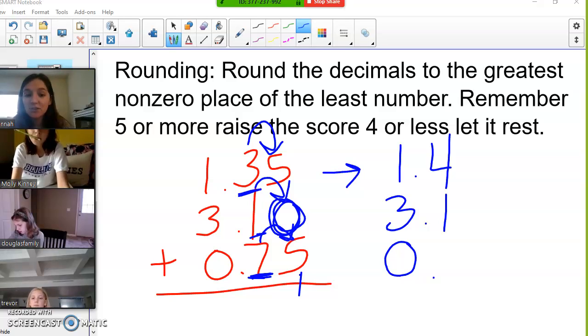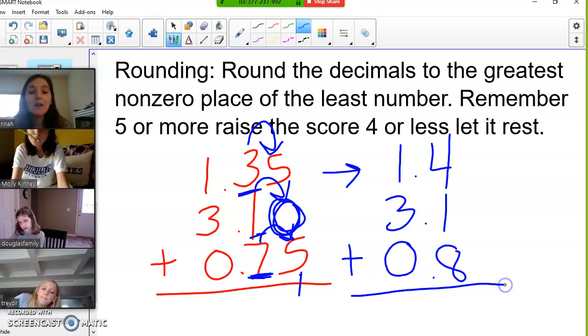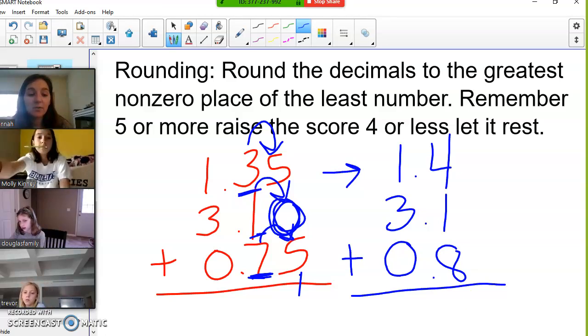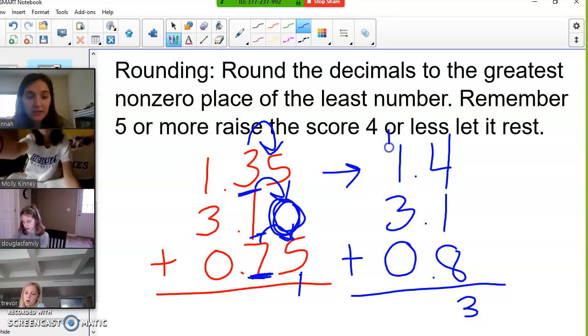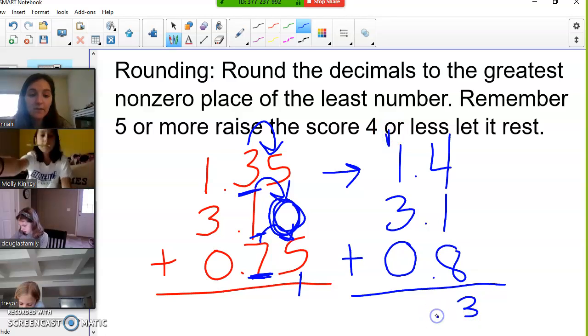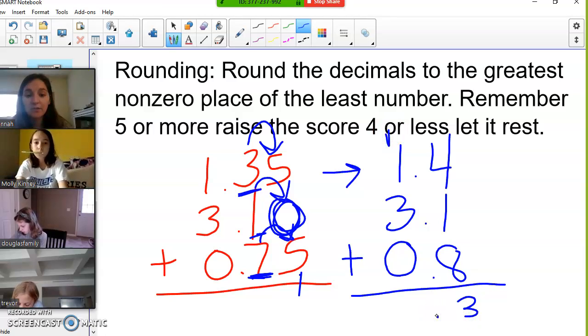So 7 should change to 8. And then I would add. When we add decimals, we line them up, and then we add accordingly. So it would be 8 plus 1, which is 9, plus 4, which is 13, carry the 1. And then we would have 0, 3, and then 4, 5. So it'd be 5.3.